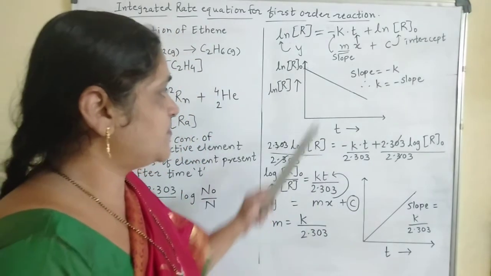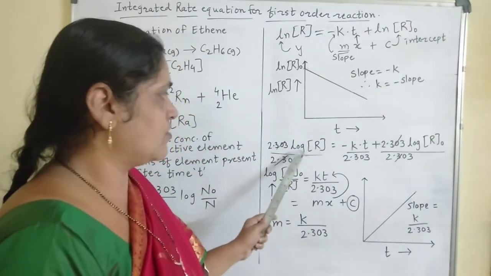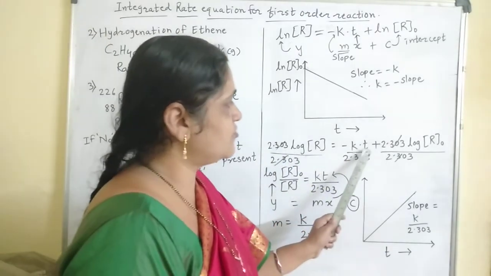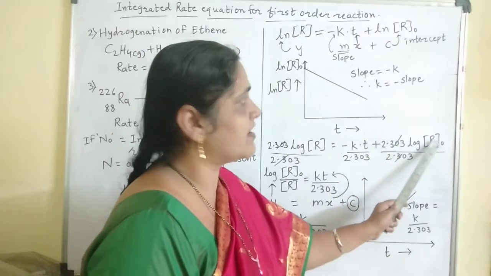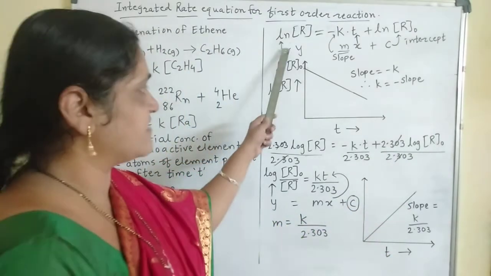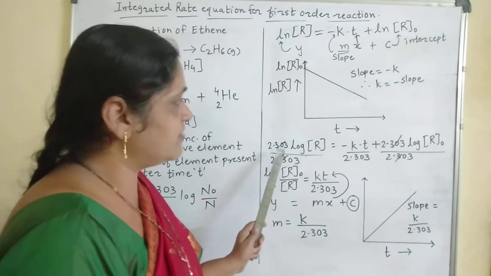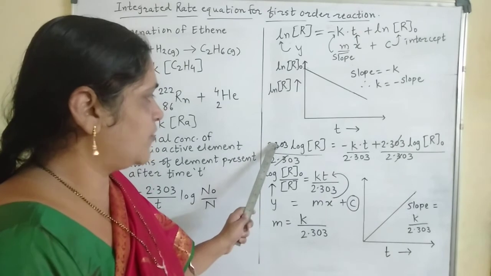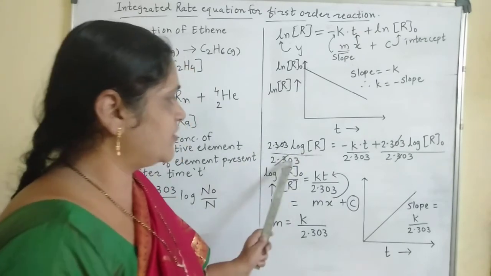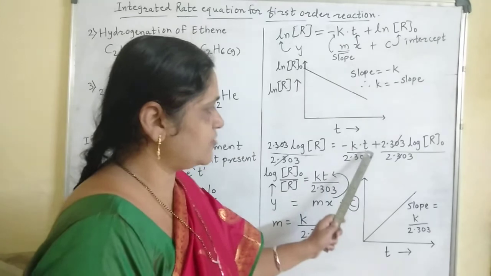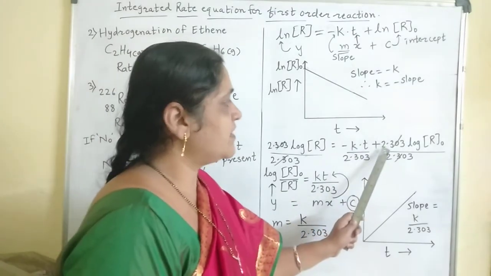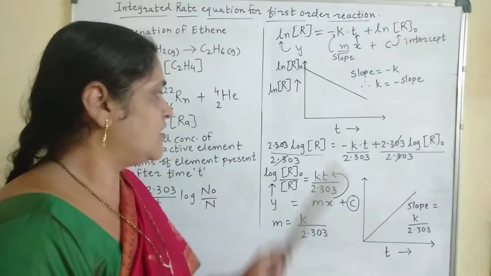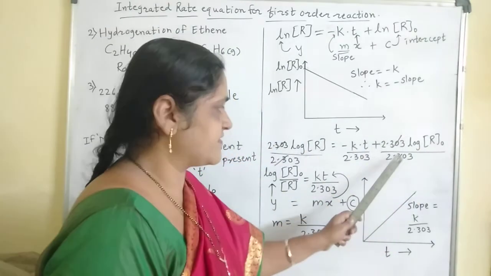Now suppose I consider this equation with log: 2.303 log of concentration of R is equal to minus k into t plus 2.303 log of R0. In this way I have converted the natural log to base 10. Now dividing this equation by 2.303 on both sides, the 2.303 cancels here and here.